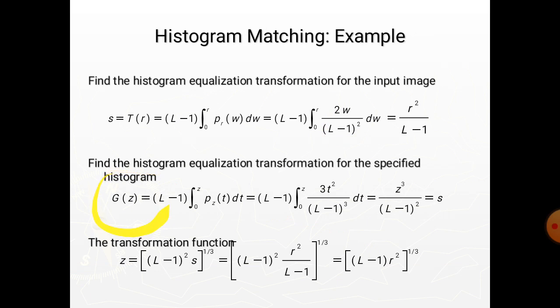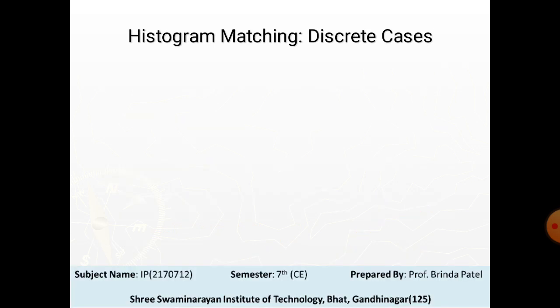Here G(z) = z^3 / (L-1)^2, and the transformation function is z = [(L-1)^2 s]^(1/3) = [(L-1)^2 r^2 / (L-1)]^(1/3) = [(L-1) r^2]^(1/3).